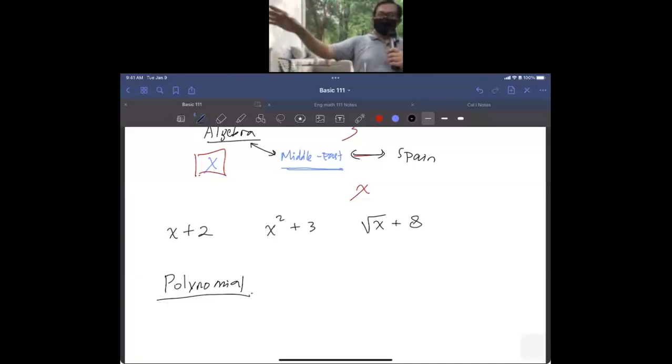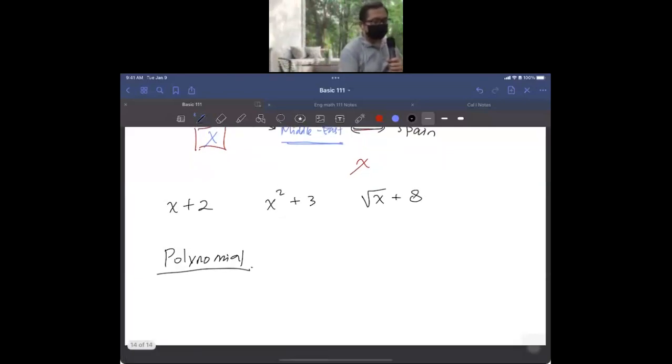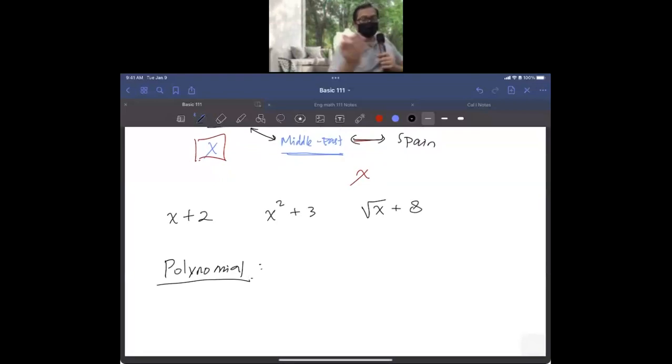In a polynomial, we can just write a generic expression with as many terms as we want. And then we also need to assume that the constants will be real numbers.